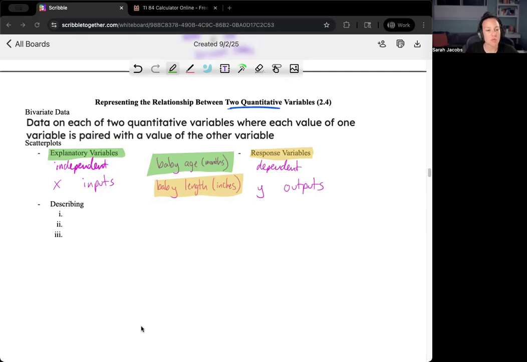So if you're not sure which should be the response variable or the explanatory variable, try it both ways. Sometimes it's still a little murky, but often it's very, very silly in one direction. Like if you want to stop aging, just stop growing. No, we can't do that. All right, good. So explanatory and response variables.